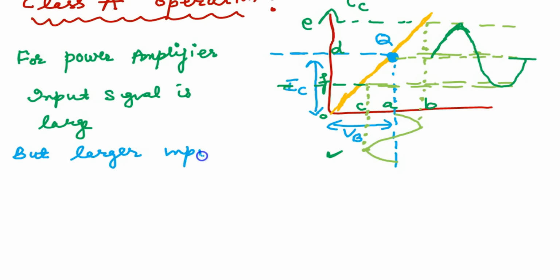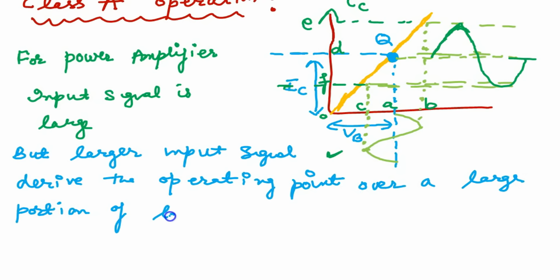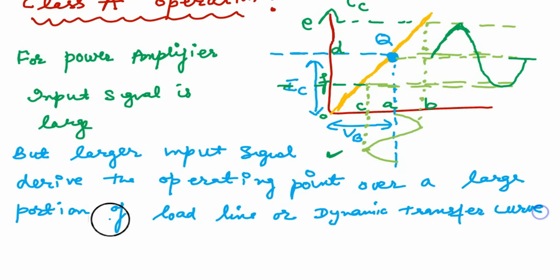The input signal covers most of the part of this transfer curve, and the transfer curve is linear in the middle but somewhat non-linear in the lower and upper parts. As a result, if we give an input signal, it will not be a faithful reproduction at the output.